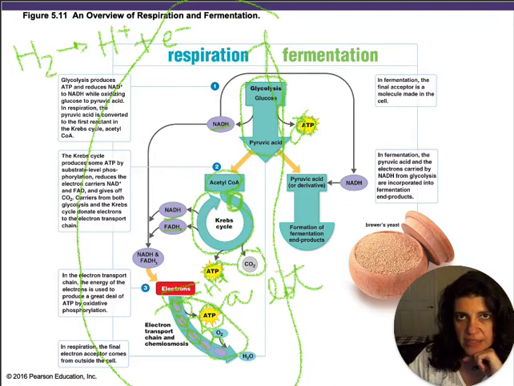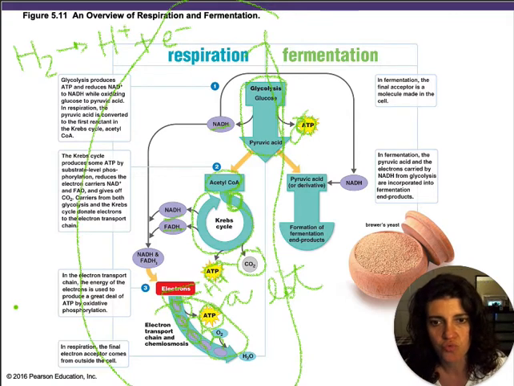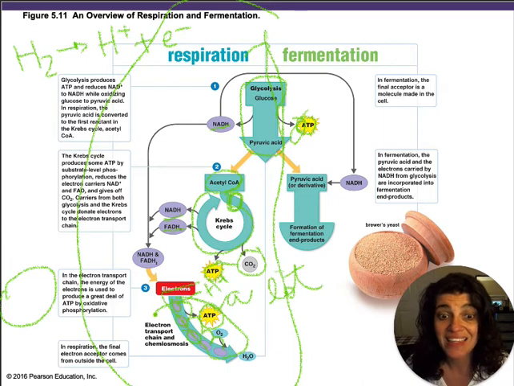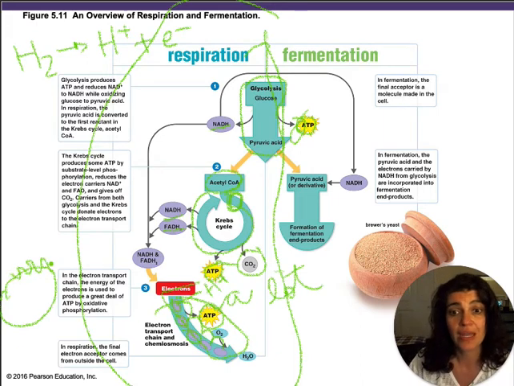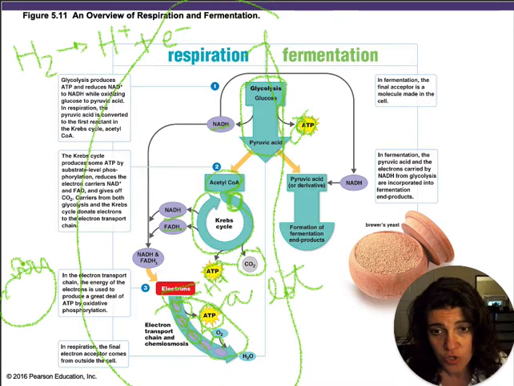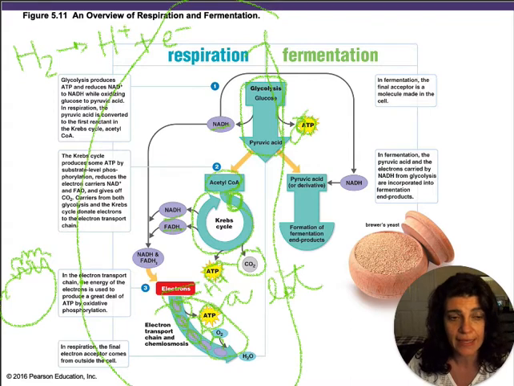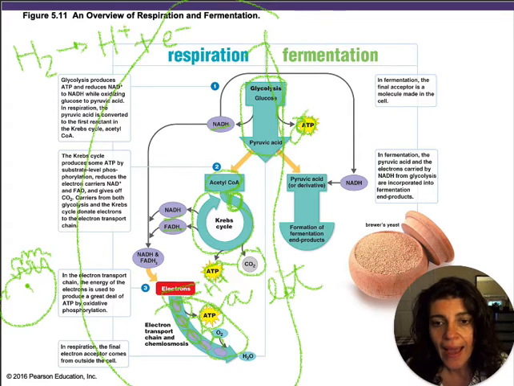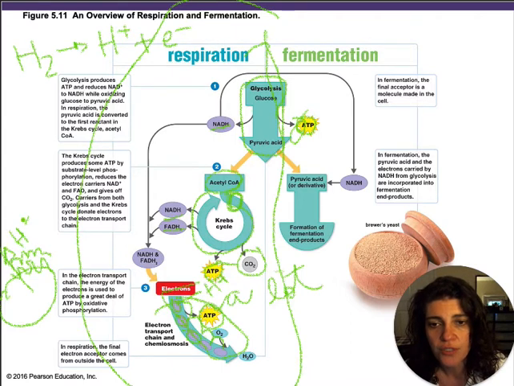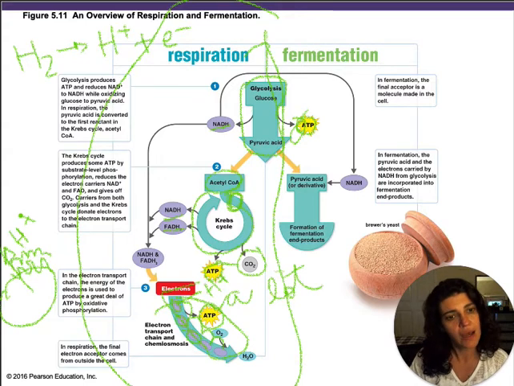What if this is a bacterium? Where is this being formed? I'm going to just draw here. If this is a bacterium, you have the electron transport chain happening in the plasma membrane. And as electrons go ping, ping, ping through these electron acceptors, hydrogen ions move out of the cell.